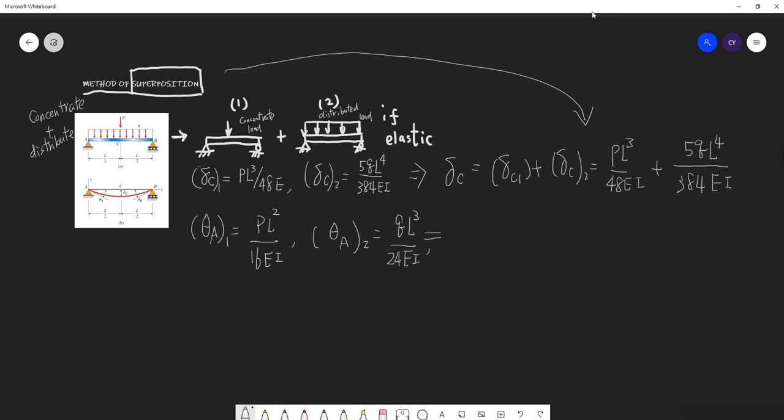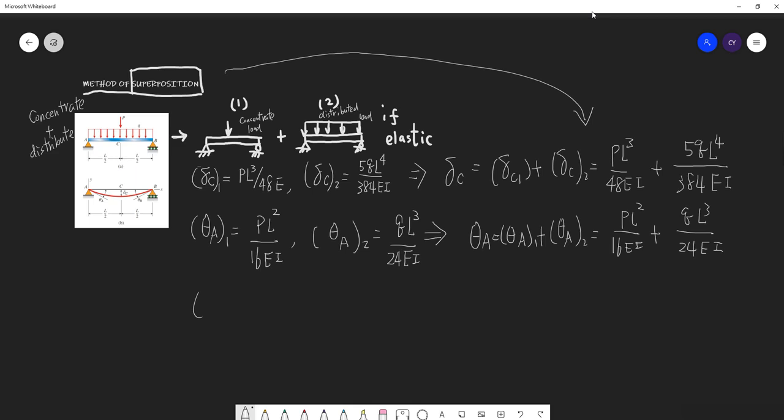So last, theta A is equal to theta A number 1 plus theta A number 2. So it's very easy. PL^2 over 16EI plus QL^3 over 24EI.